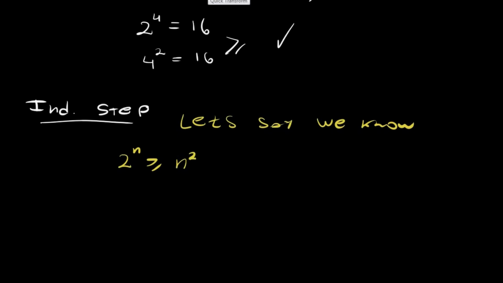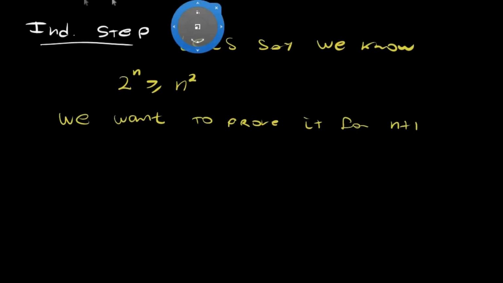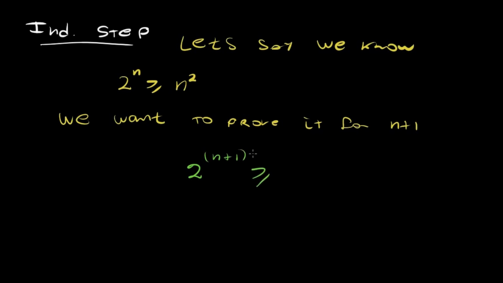Okay, now we want to prove it for n plus 1. And what we want to conclude is 2 to the power n plus 1 greater than or equal to n plus 1 squared.